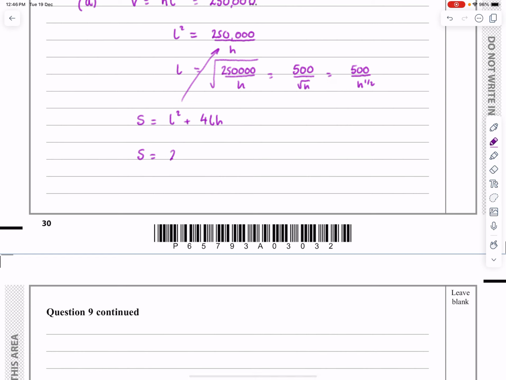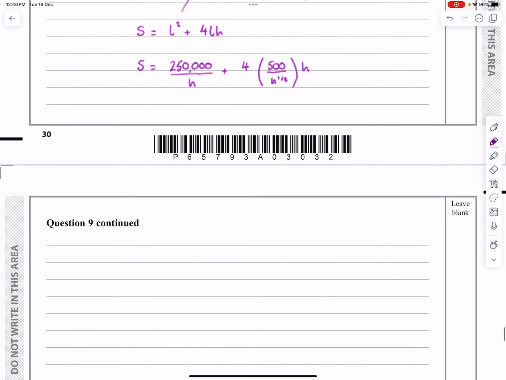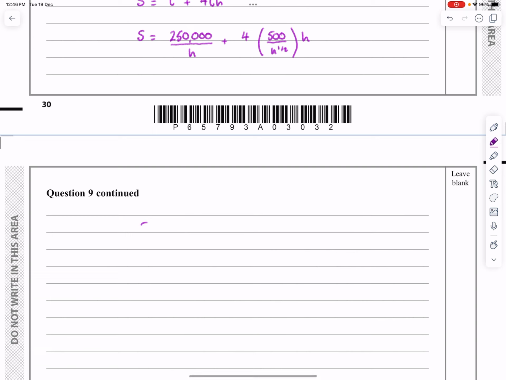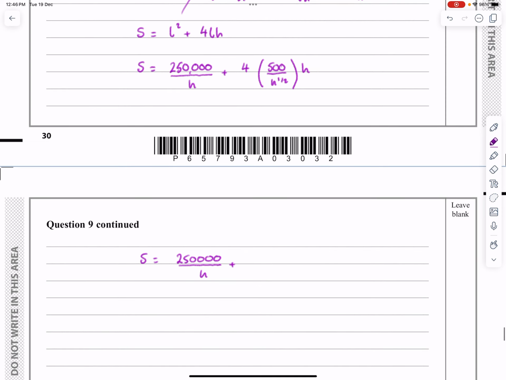This is going to be 250,000 over H plus 4H, or 4LH, but 4, okay, 500 over H to the half, times H. Well, if we tidy that up then, that's going to give me 250,000 over H plus, now this bit here is 4 times 500 is 2,000, and H divided by H to the half is H to the half, or H to the square root.